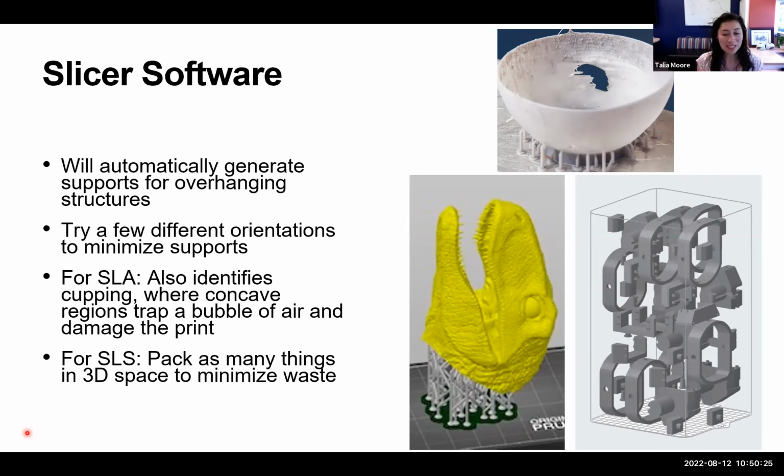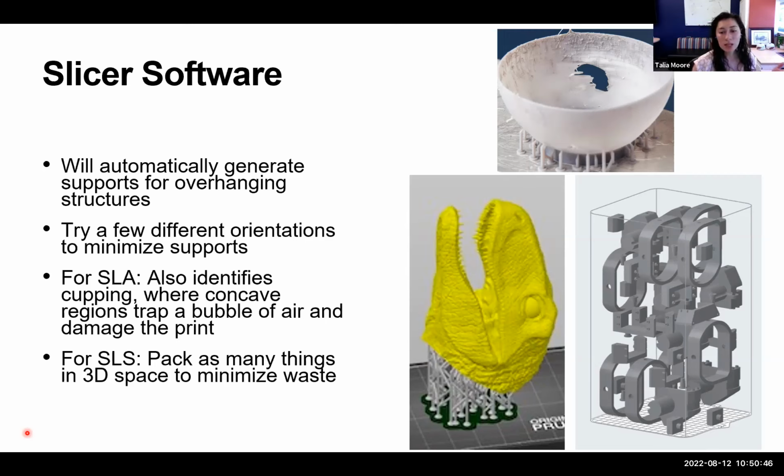For SLA printing in particular, you can't have hollow prints because you're just pulling that up from nothing, from just being on the surface of the liquid. If you pull up a hollow object, it's going to create a vacuum, and that's going to create a negative pressure that's going to damage your print as it's printing.